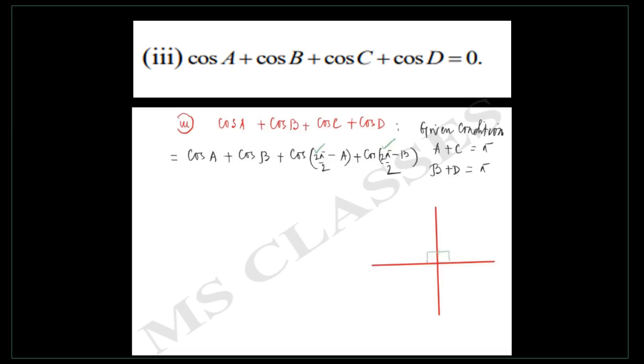Here, when the angle is in the second quadrant and you apply cos, then it will give the negative output. So here also the same thing. So what we get? Cos A plus cos B minus cos A minus cos B, and that's it. So the sum is over.